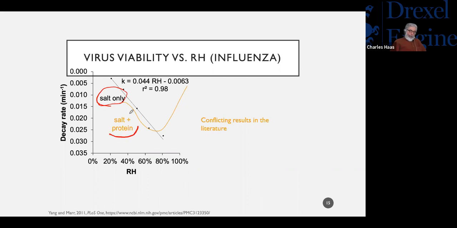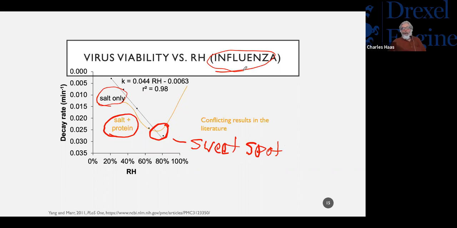But you see, if protein is present as well, which we would expect in an actual aerosol from an infected individual, from saliva, from mucus, and so forth, at high humidity, the decay rate decreases again. So high humidity is not beneficial, and the sweet spot, again for influenza, looks like about 80% relative humidity to maximize the decay rate.